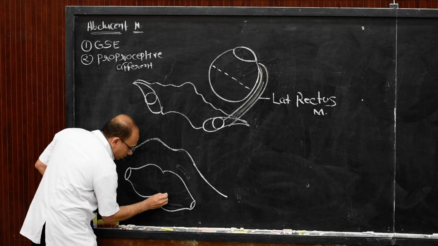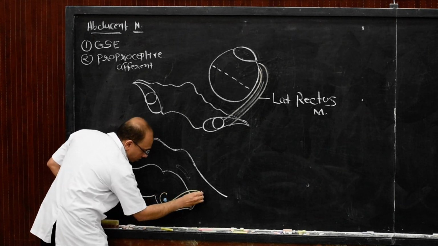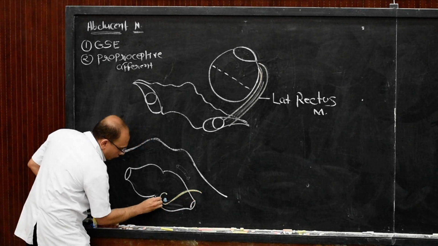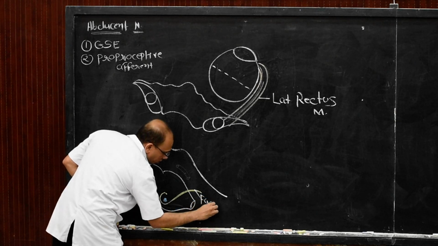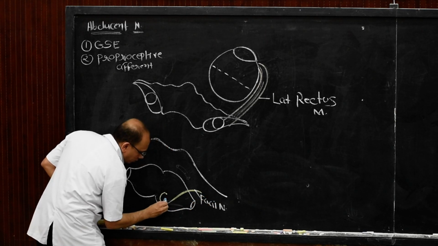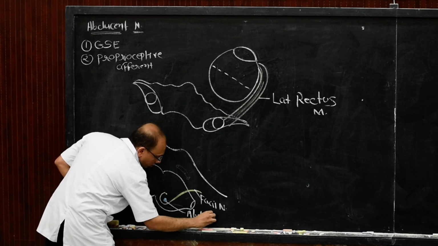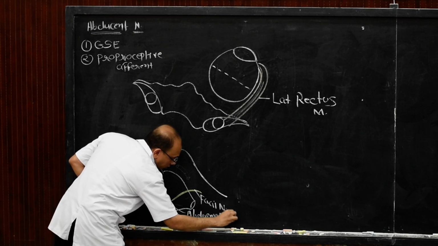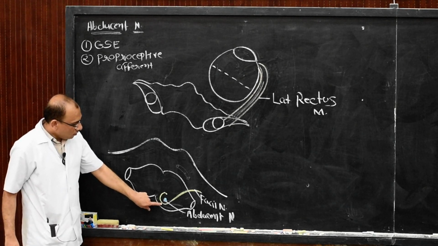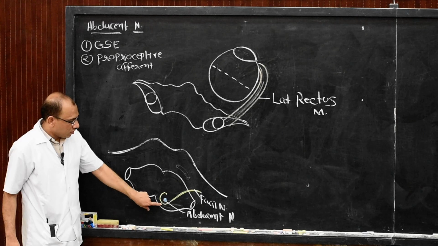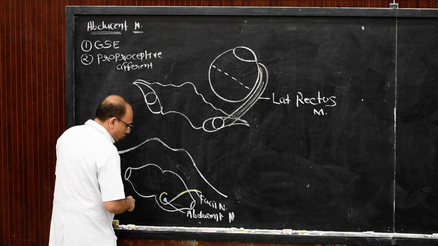And here is the facial nucleus, which surrounds it. This is the fiber of the facial nerve, and here is the abducent nucleus. Deeply it is situated at the level of the facial colliculus, at the floor of the fourth ventricle. This is the deep origin.